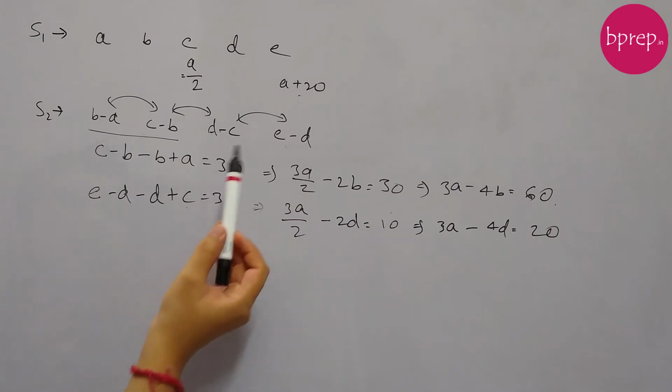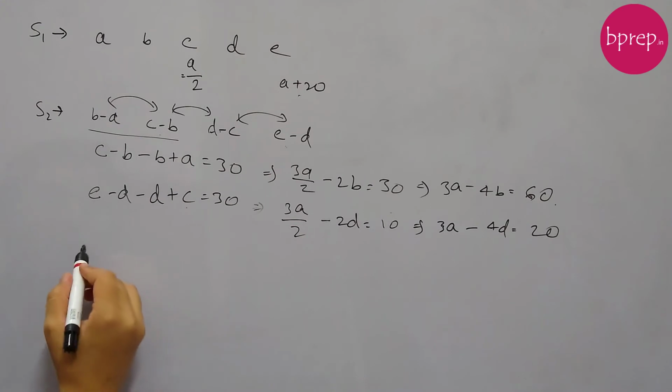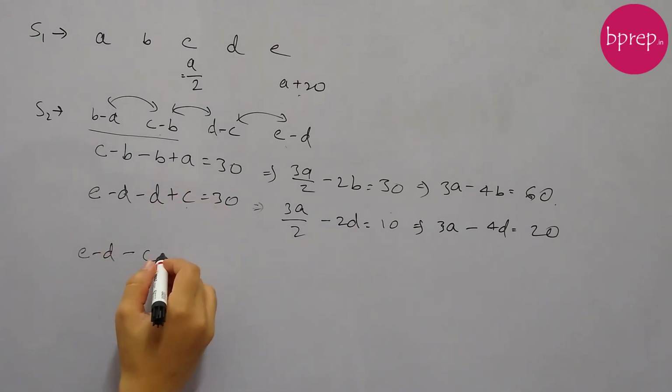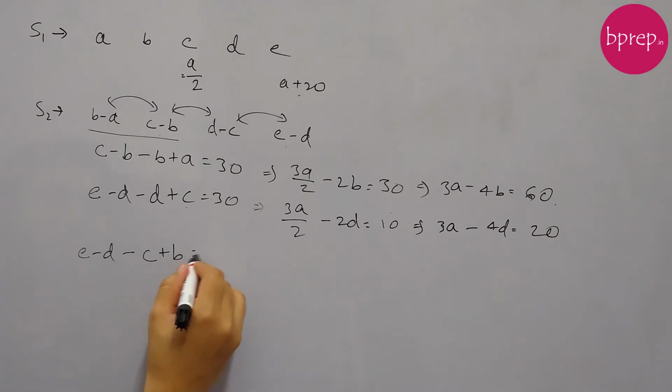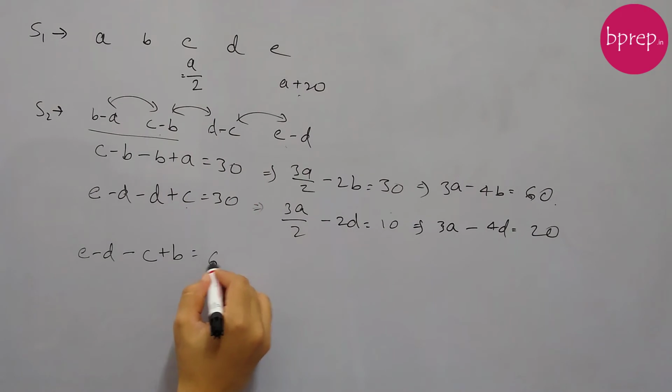Now again, if we subtract the second term from the fourth term, this is E minus D minus C plus B. Because there is a difference of two terms, this will equal 60.